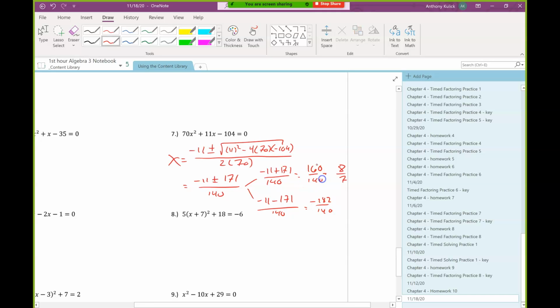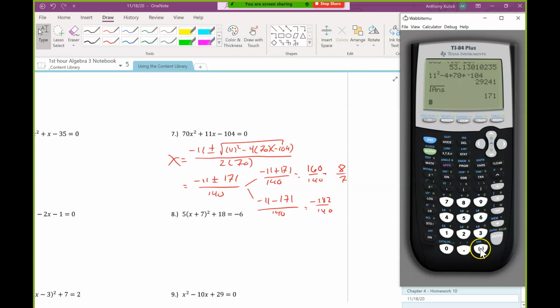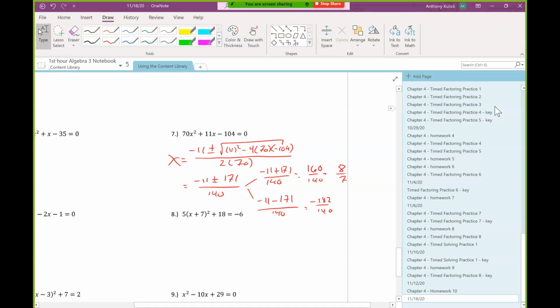I'm not confident I'm going to reduce that in my head at 8:12 in the morning, so I'll just use my calculator to do the reducing for me. I'll type it in as a division problem, then hit math and choose the fraction command. So that's negative 13 over 10. Those would be my two answers for number 7.